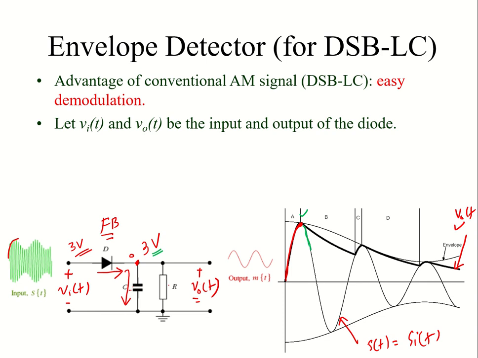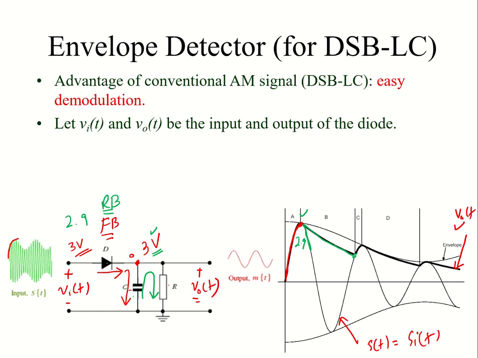For example, the input goes to 2.9 while here you have 3 volt, so this diode will go in reverse bias. Once the diode goes in reverse bias, the capacitor will discharge through this resistor.